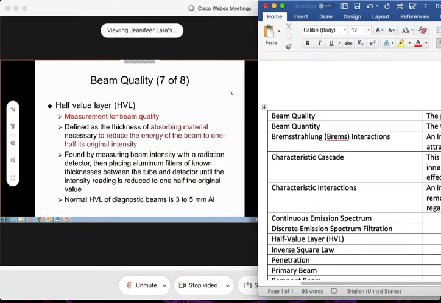So what it's basically saying is, how do you know 100 kVp is behaving like 100 kVp? So if we're doing this quality check and we say we've put in 100 kVp, wouldn't our half value layer be 50?